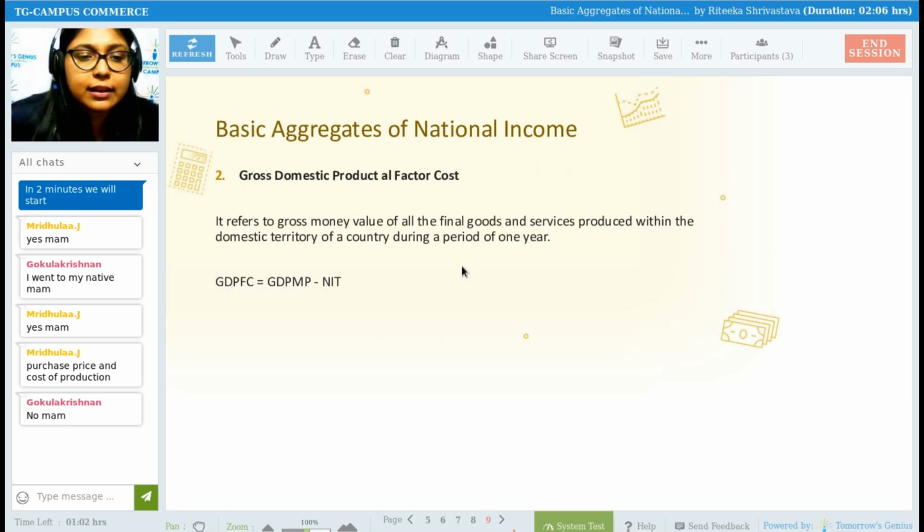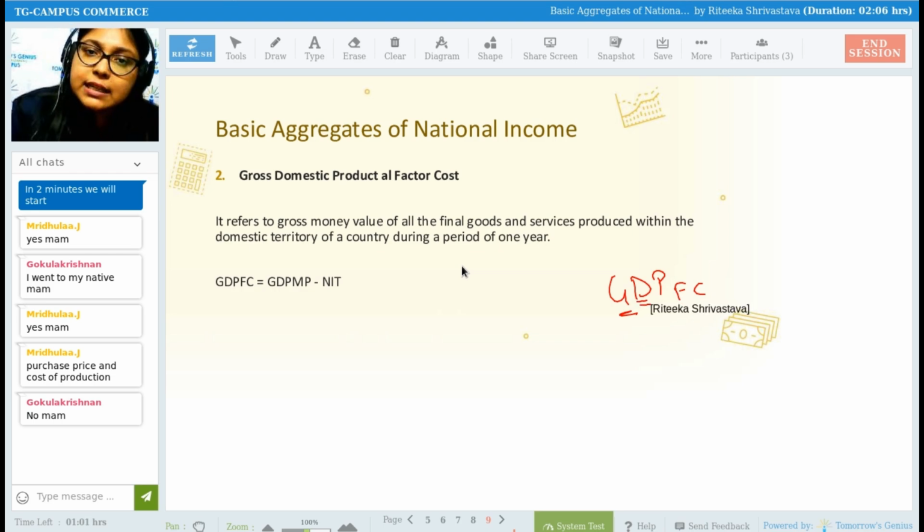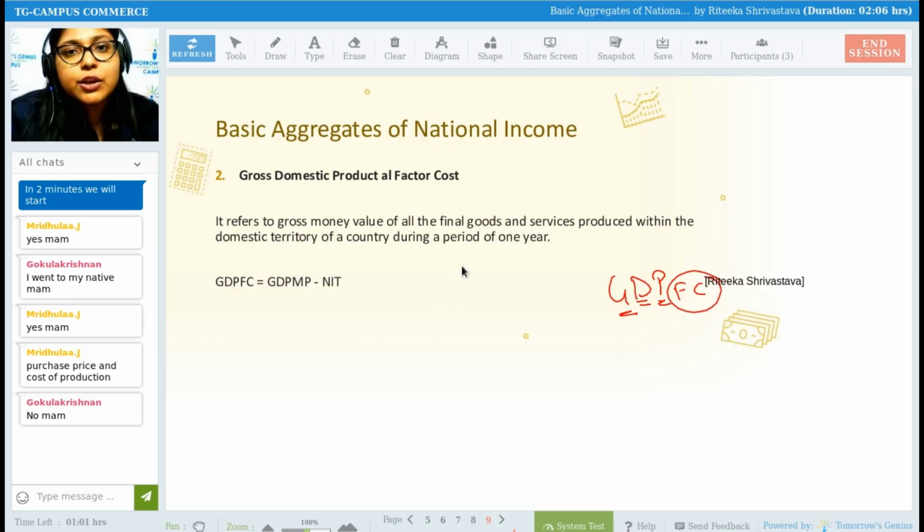Same way, if we go to the next aggregate, it says GDP at FC. So again, gross means the actual value of final goods and services. Domestic means the goods and services produced within the economic territory or domestic territory. Product means nothing but goods and services. FC means factor cost.